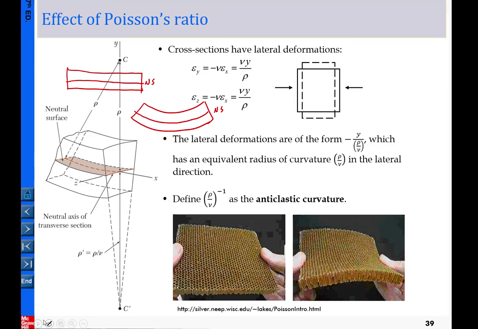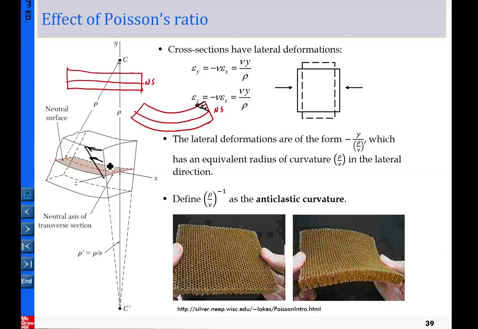We know the upper portion is under compression, so let me translate the information here. If we multiply the corresponding strain with the Poisson ratio, we know that if one direction is compressed, then in the lateral direction it should be widened, because of the Poisson ratio effect.